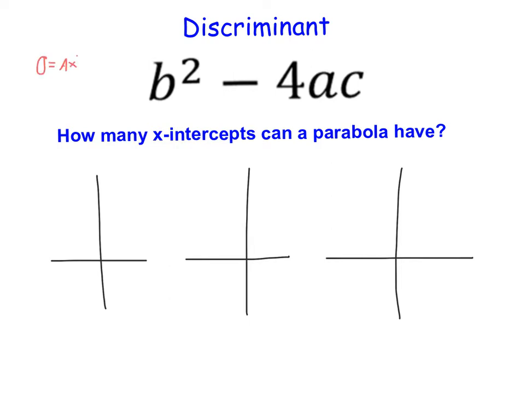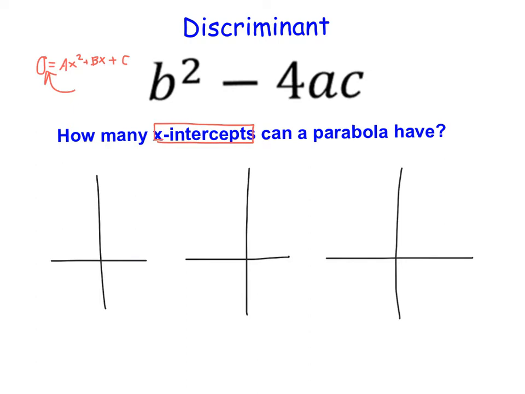So it looks something like this, where a, b, and c have values, and it's set equal to 0. And remember, when that's set equal to 0, we're finding x-intercepts. So when we're trying to determine how many solutions we're going to have, the discriminant is talking about how many x-intercepts a quadratic function could possibly have.